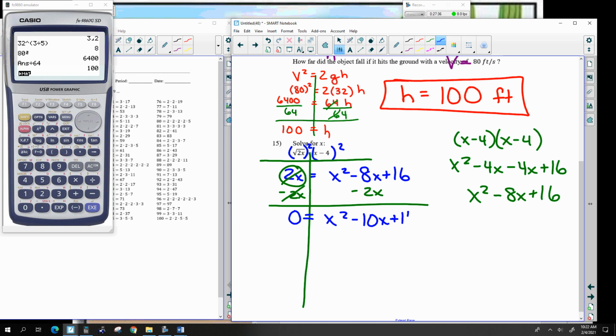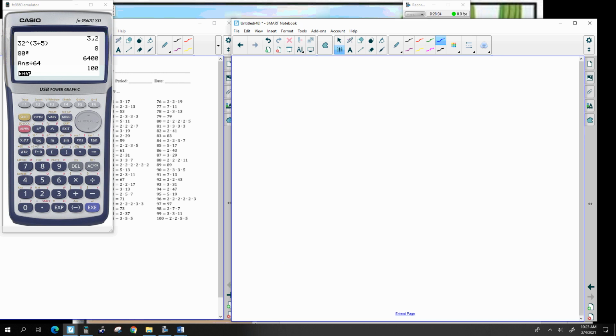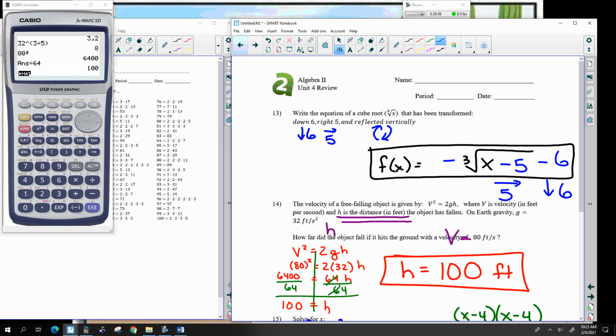Multiply to a positive 16 and add to a negative 10. That's going to be negative 2 and negative 8. That multiplies to a positive 16, but adds to a negative 10. So if that's the case, x is equal to positive 2 and positive 8. I think they both work out, so those are both the answers. That's it.